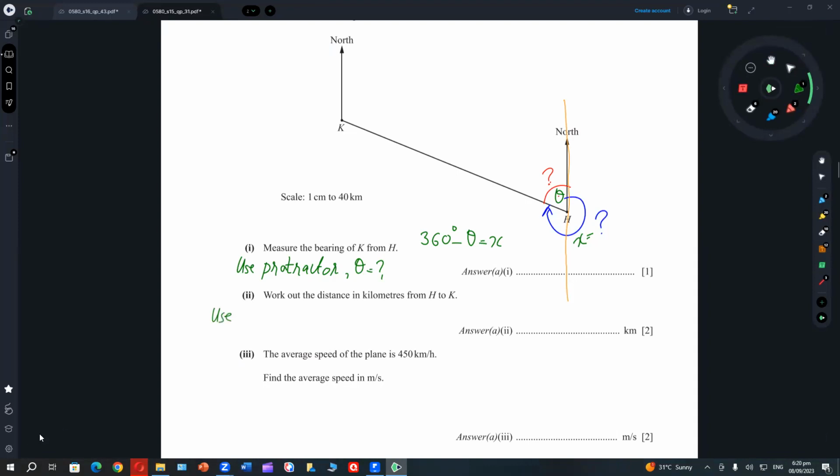In centimeters? Obviously, a ruler will give you length in centimeters. It's 9.5. 9.5 centimeters.